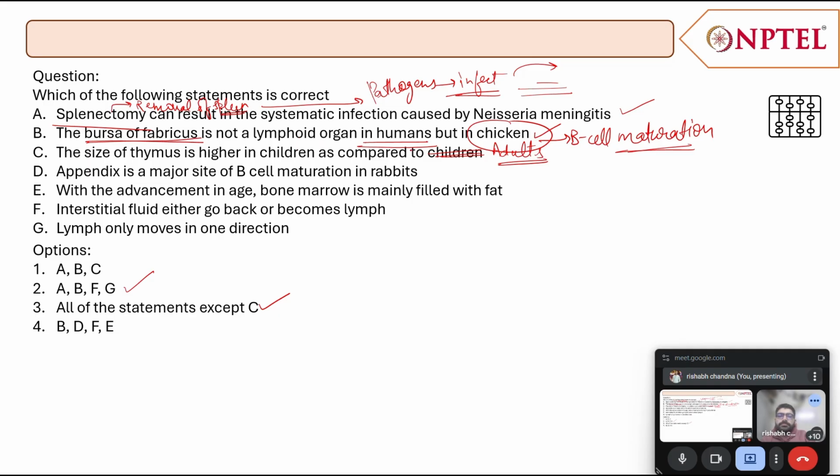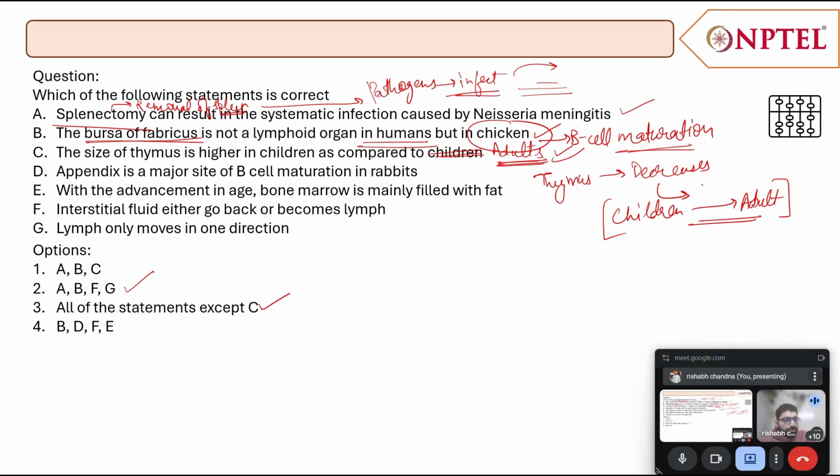So this option is also correct, because the thymus size decreases as we go from children to adult. The size of the thymus decreases because of the number of infections that take place in the particular organs, so its size decreases. So this option is also correct.